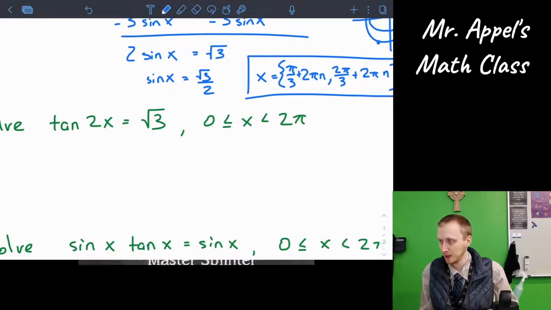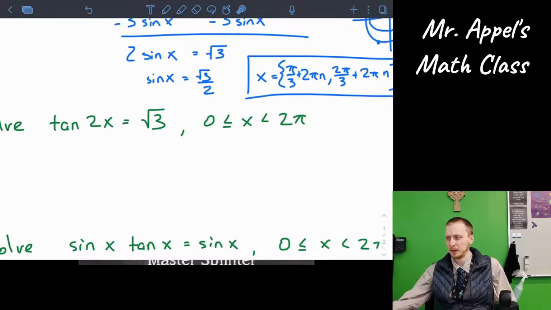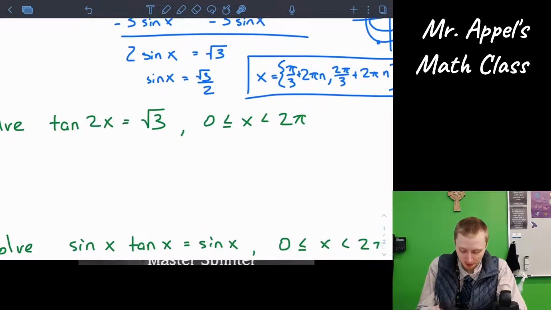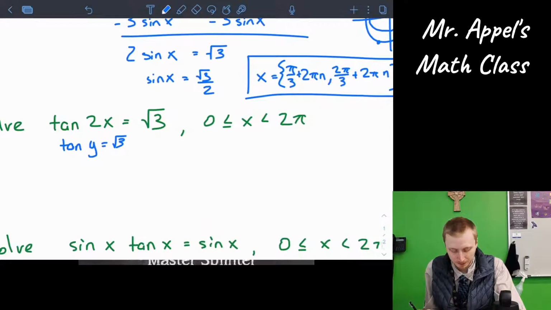So start off here, we've got tangent of 2x equals square root of 3. Treat 2x as one unit to start with, okay? So pretend this is tangent of y equals square root of 3. Okay?